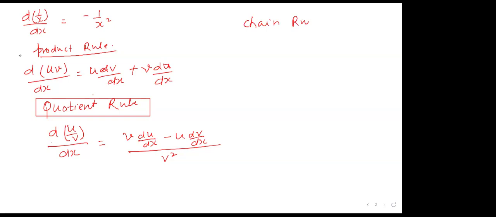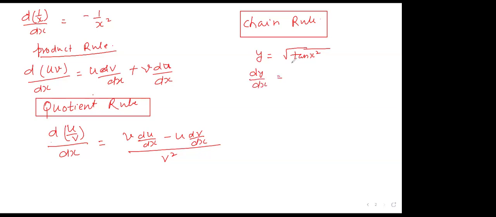Suppose we have y equals square root of 10x square. Okay. Then derivative of y with respect to x will be, first we will find the derivative of root. What is the derivative of root x?